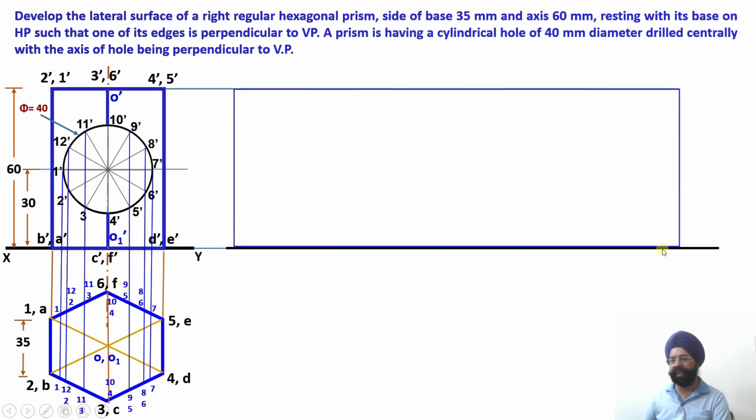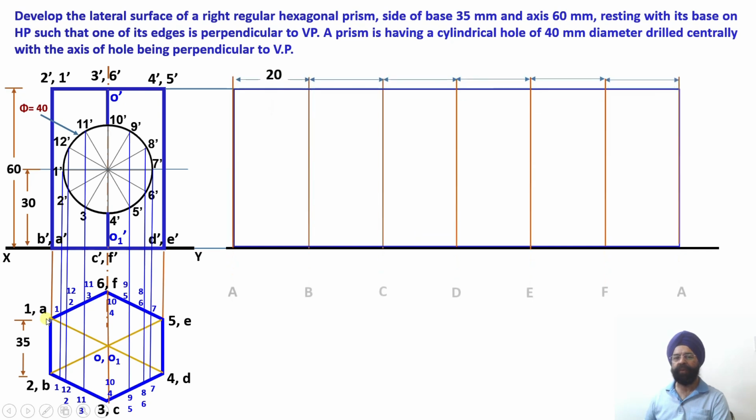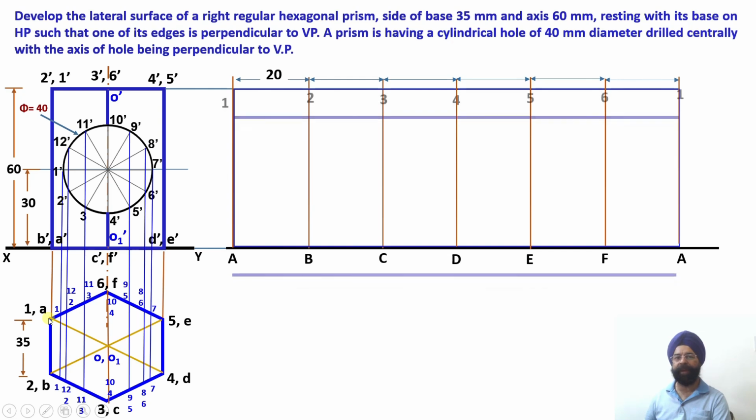So if I draw a rectangle, 35 into 6, that is a 210 millimeter box I am going to get, 210 by 60 millimeter. Within this, now I am going to mark different edges. I am going to start this development from the end A. Just see, from 1A I am going to start my development over here.